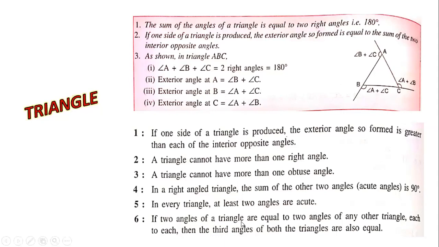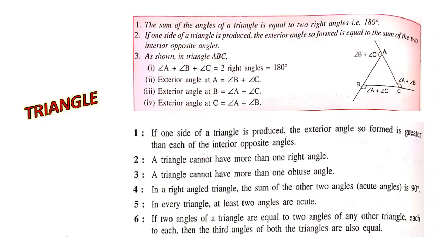If two angles of a triangle are equal to two angles of any other triangle, each to each, then the third angles of both the triangles are equal. Let us suppose I am having two triangles, and in those two triangles, two angles have the same measure. One is 45 degrees, the other one is 45 degrees.